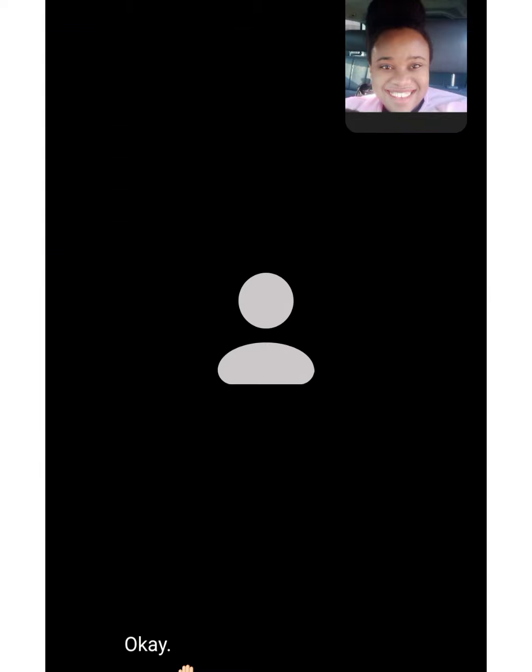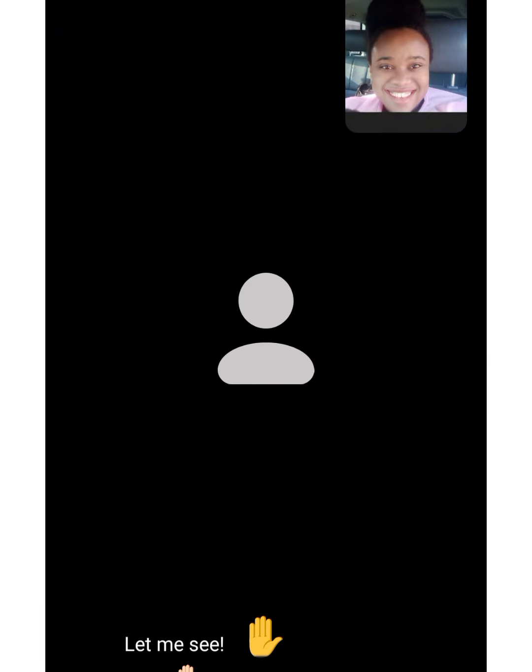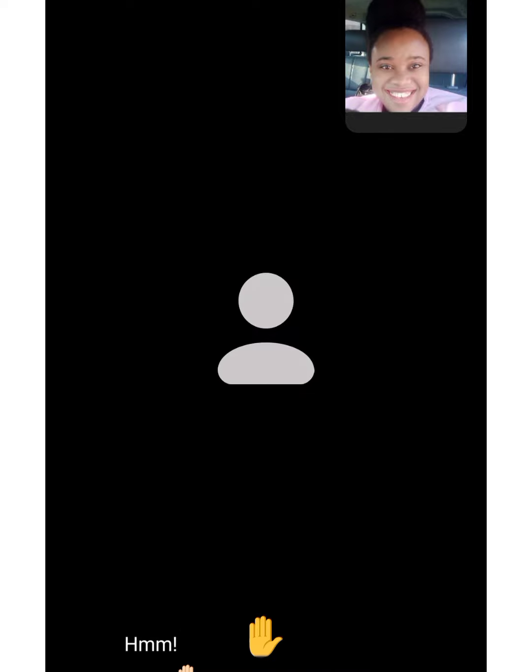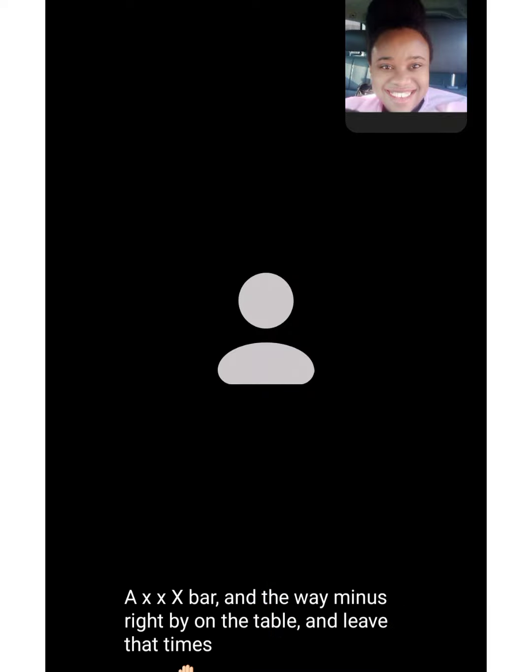Hello, good evening, second one. Sorry, after using the second formula, can we just stop at that x minus x bar and the y minus y bar on the table and leave the times and the square roots? You can stop there.